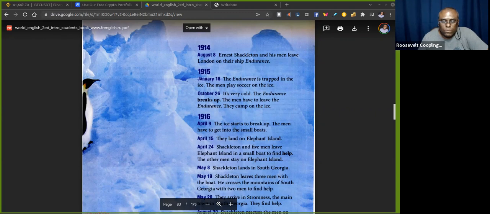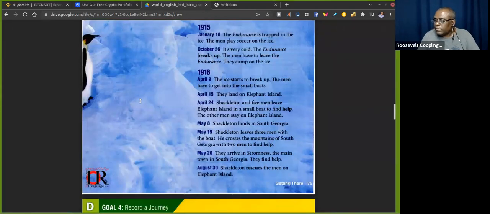They land on Elephant Island. April 24th. Shackleton and 5 men leave Elephant Island in a small boat to find help. The other men stay on Elephant Island. May 8th. Shackleton lands in South Georgia. May 19th. Shackleton leaves 3 men with the boat. He crosses the mountains of South Georgia with 2 men to find help. May 20th. They arrive in Stromness, the main town in South Georgia. They find help. August 30th. Shackleton rescues the men on Elephant Island.